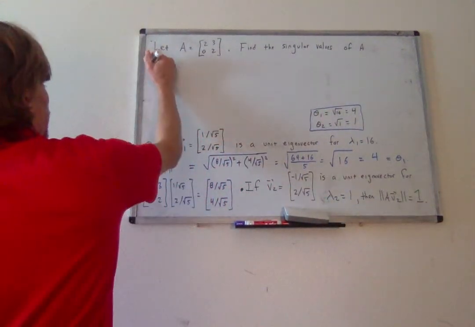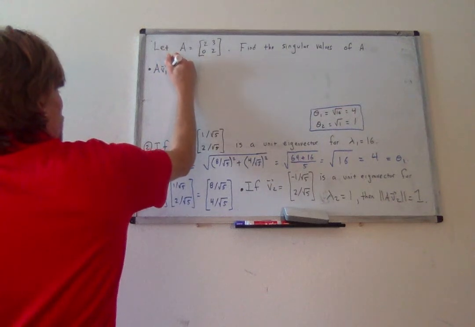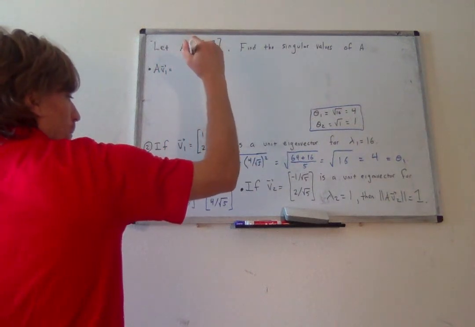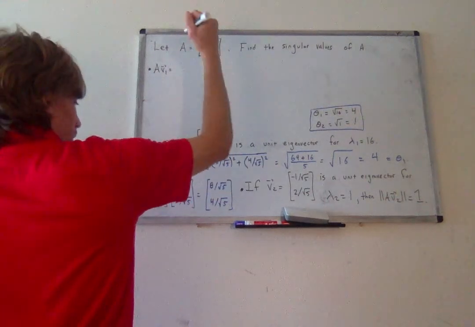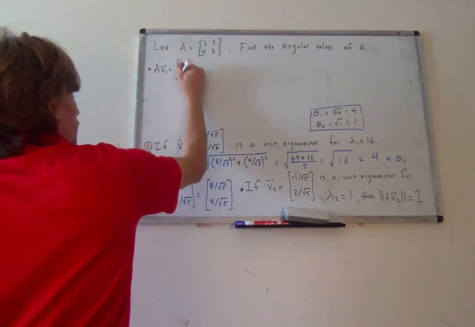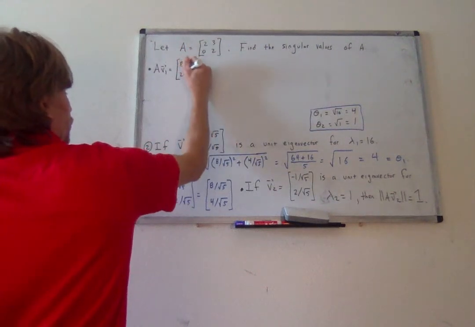So we've already calculated A times V1 to be the vector 8 over root 5, 2 over root 5.